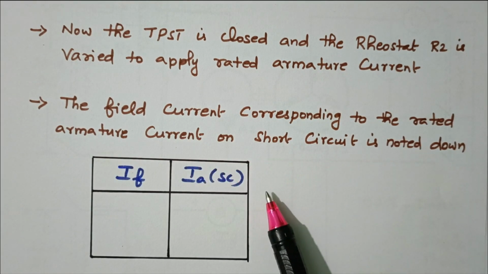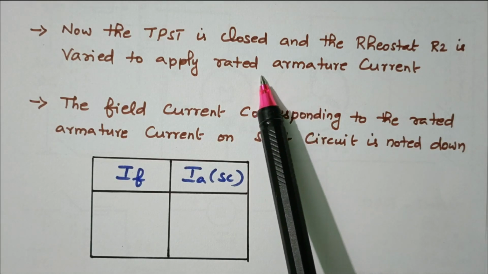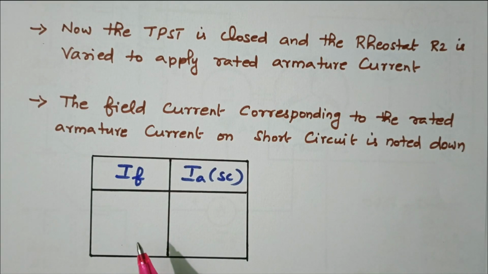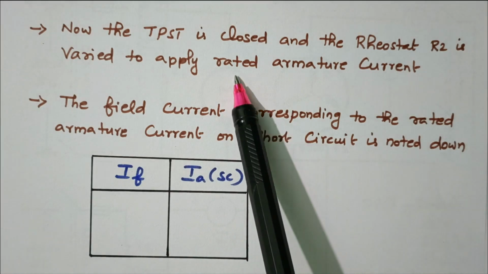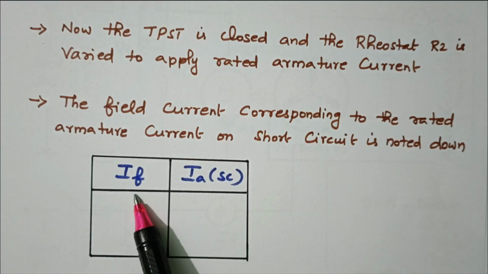It's not a set of readings, only one reading. After applying the rated armature current, this field current is noted down, only one reading. In the previous case we took a set of readings. Now it is only one reading. TPST is closed, then the rheostat is adjusted to apply the rated armature current, and the corresponding field current is noted down.